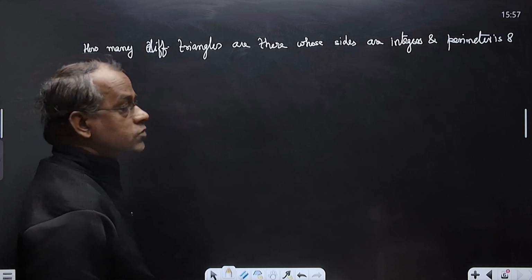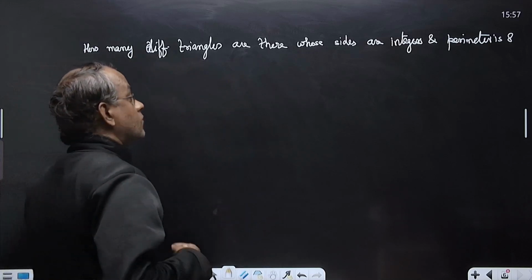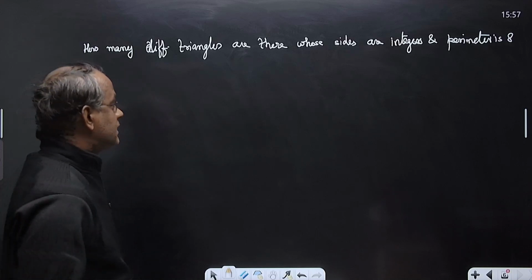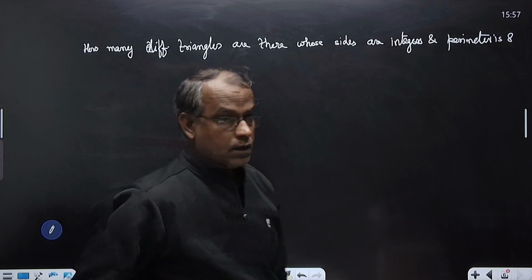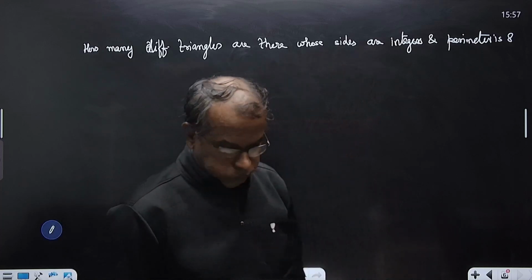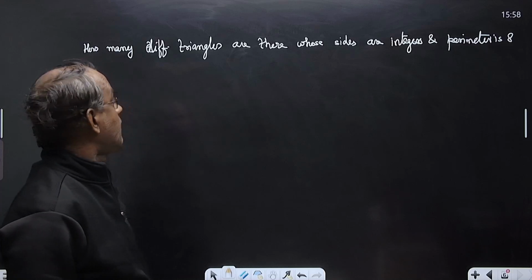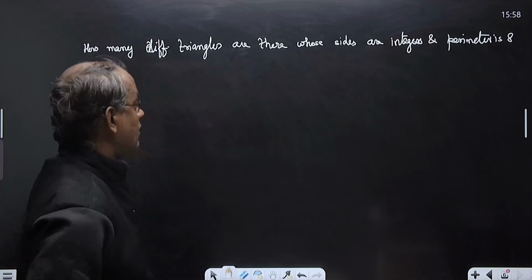So what we will do is that we will start with smaller triangles, meaning some sides being lesser. Suppose perimeter is 8. So smallest side I can say 1.